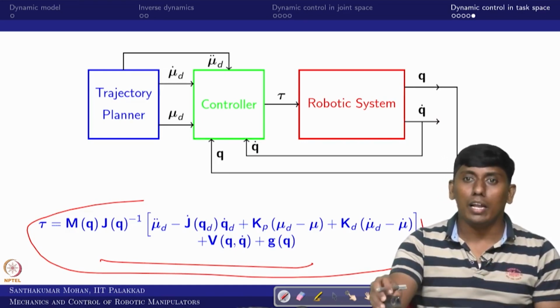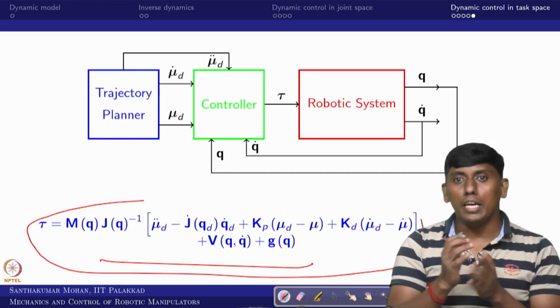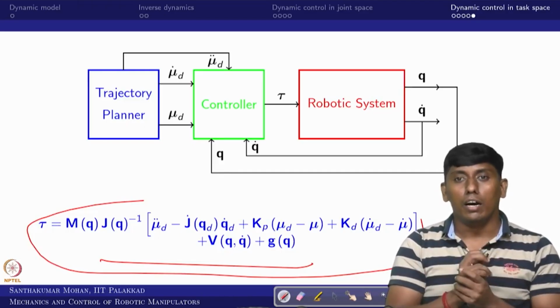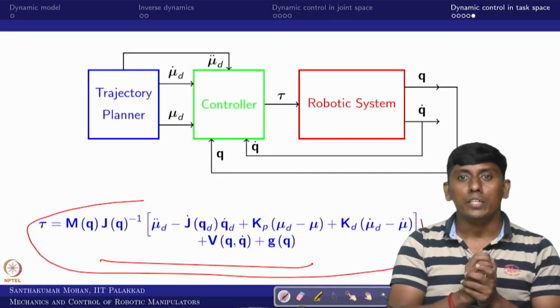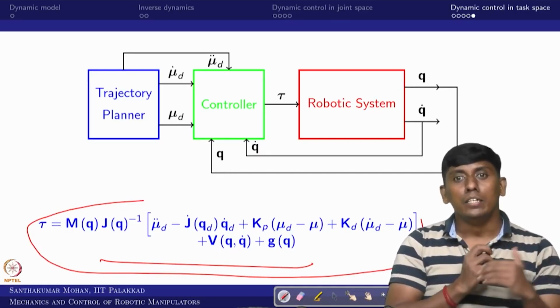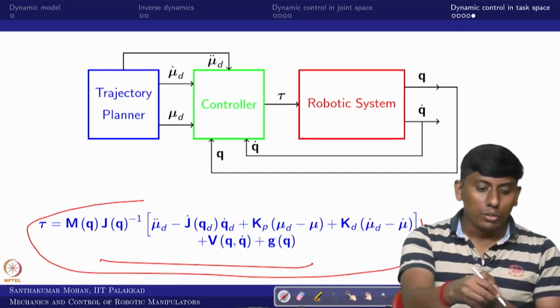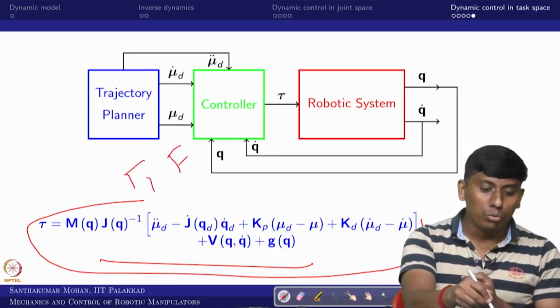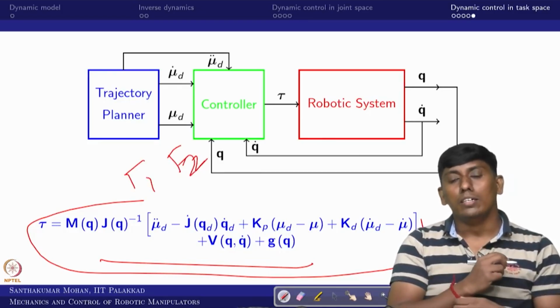I hope you have got some idea about what dynamic control is, in what way it can evolve, and how the computed torque control has come. On what basis has it come? The second order error dynamics converges to 0. Now the choice of gamma 1 and gamma 2 we can take as per your second order system dynamics.